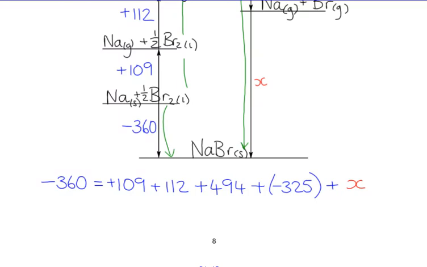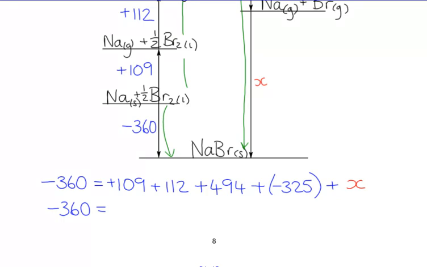Now, looking at the direction of that arrow, our answer to x should come out to be large and negative because it's a big arrow pointing down, but at the moment we're just following the arrow. We don't know what the unknown is, so we say plus x. So we're going to do a little bit of adding up. Let's just add up all the numbers on this side.